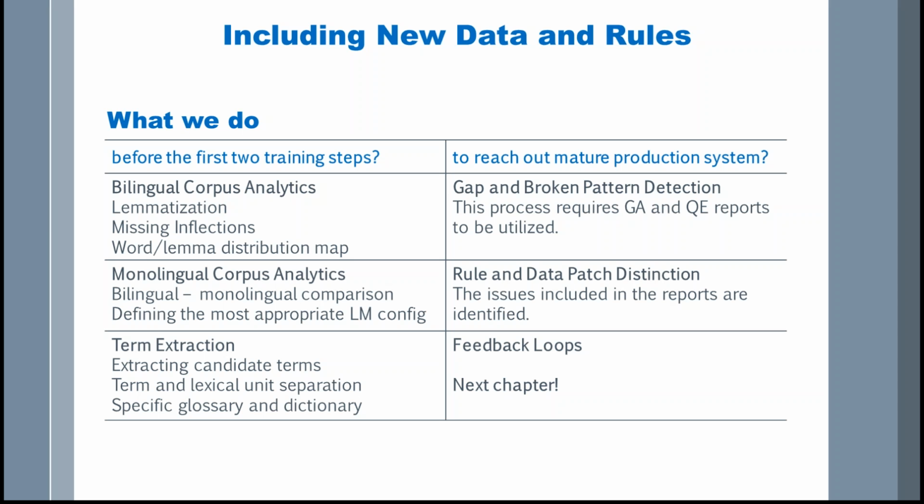So you can see that we have bilingual corpus analytics, lemmatization, missing inflections, and word and lemma distribution map. This is a very significant procedure for companies or teams that are working on very different language pairs.